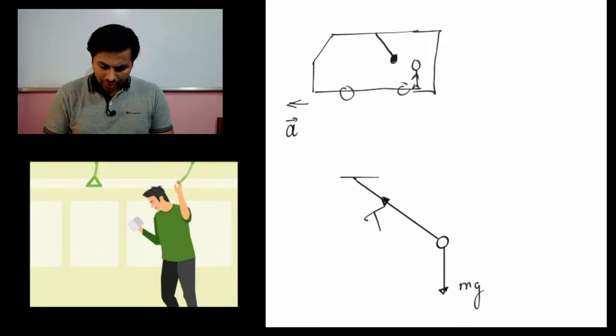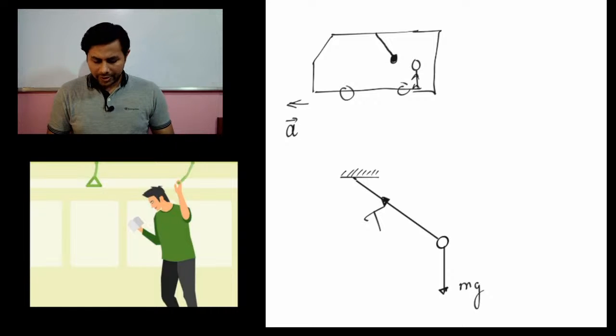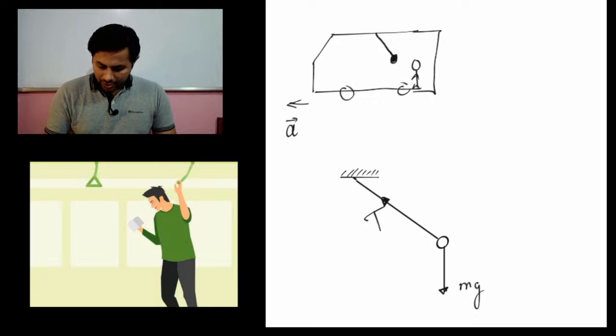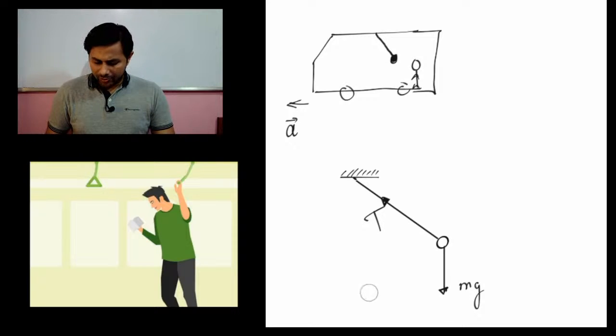Now let's suppose the bus is accelerating with this acceleration a bar, and the acceleration is constant. So is the sum of all forces acting on this ball balanced?